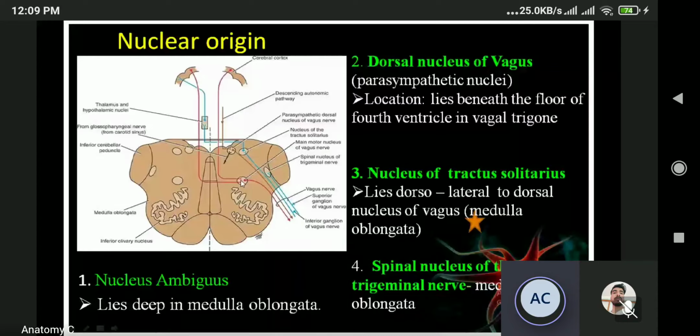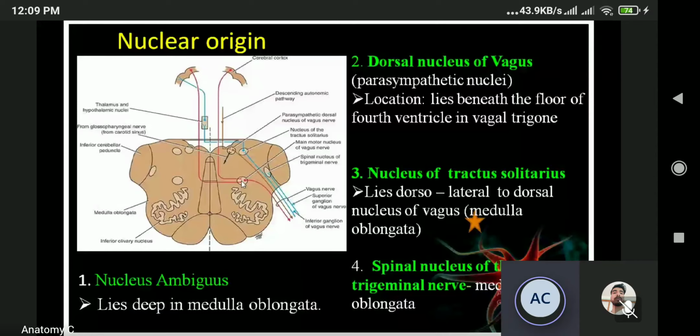We have the combined nucleus that is known as the nucleus ambiguus. And the nucleus ambiguus is going to innervate the muscles which are derived from the pharyngeal arches. So what will be the functional component? Special visceral efferent.